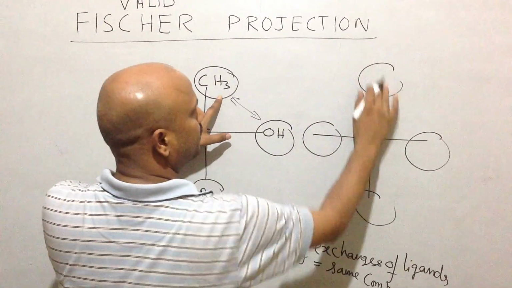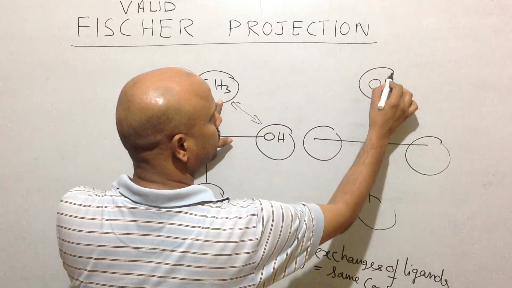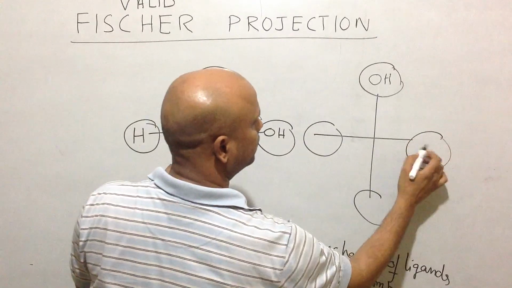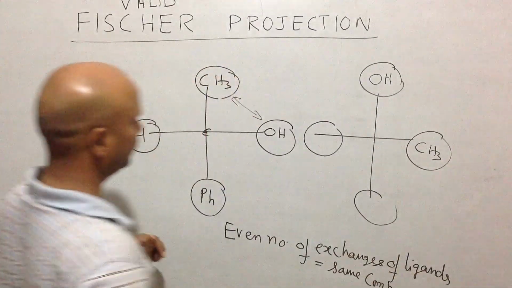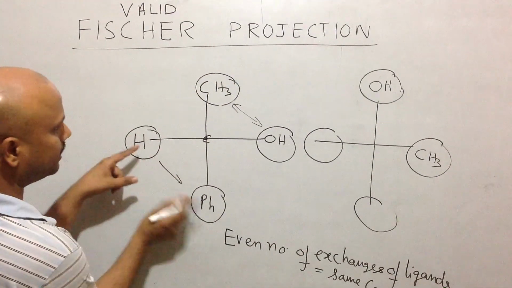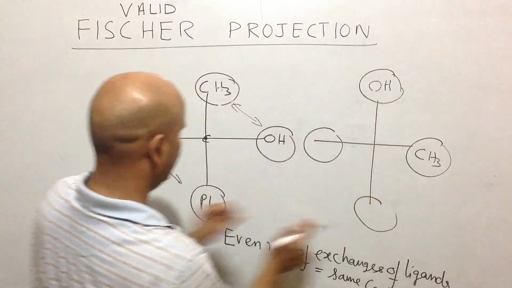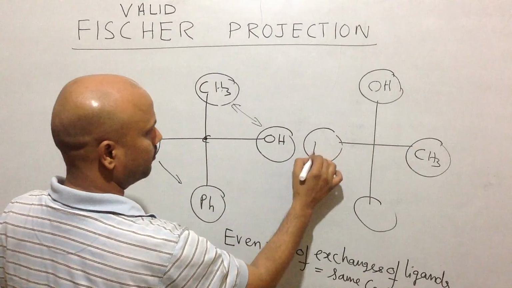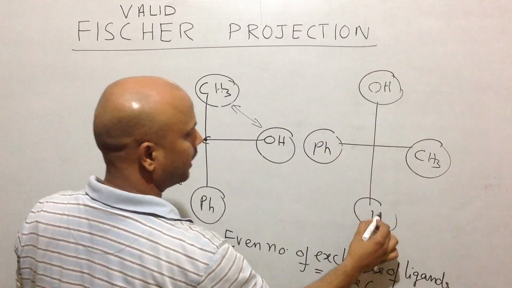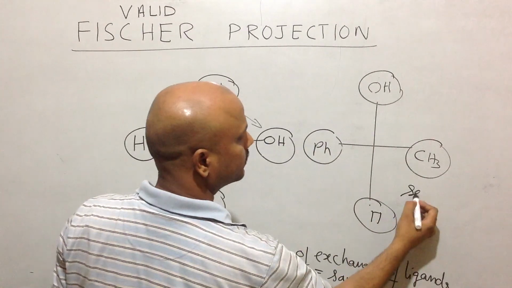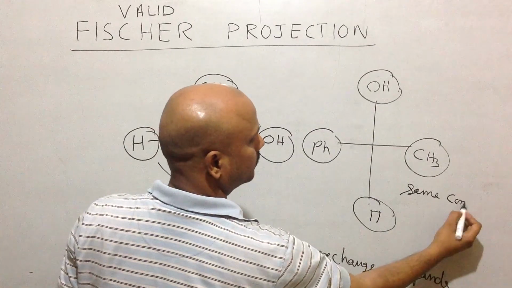It means that if I write OH here and CH3 here, similarly I can exchange, this is one exchange, CH3 is exchanged with OH, one exchange. If I exchange these two, PH here and H here, we have the same compound.